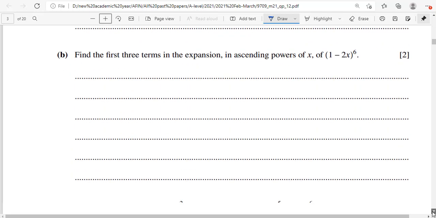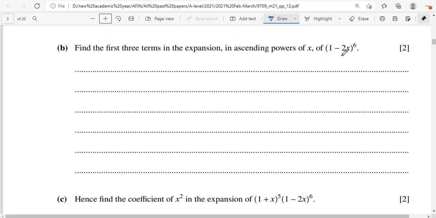Part B, we're going to do the same thing, but this time we have 1 minus 2x power 6. Find the first 3 terms in the expansion in ascending power of x. So we're going to do the same thing. 1 power 6 plus combination from 6 to 1, 1 power 5.